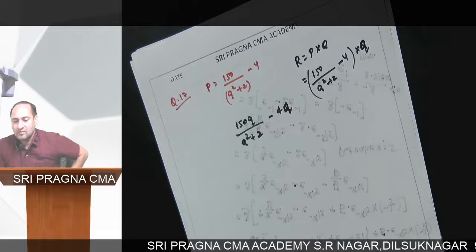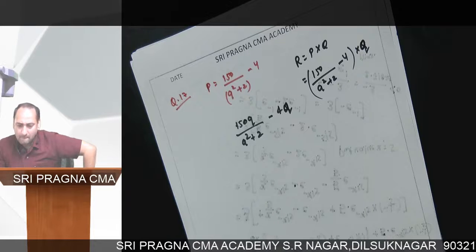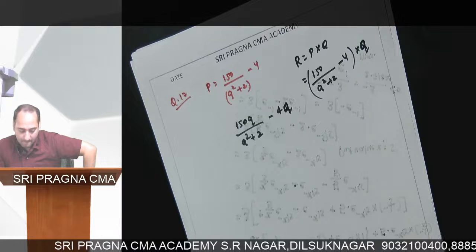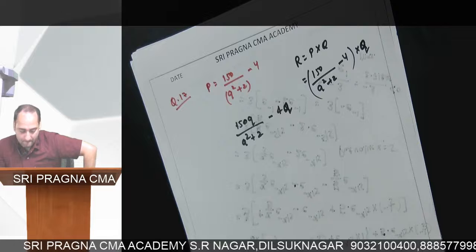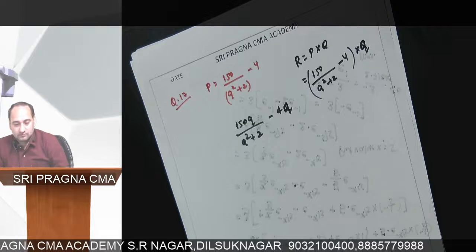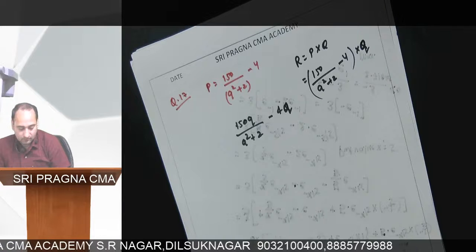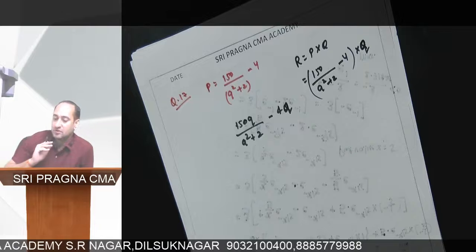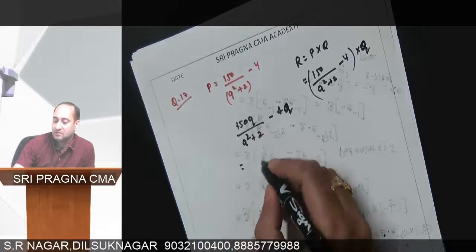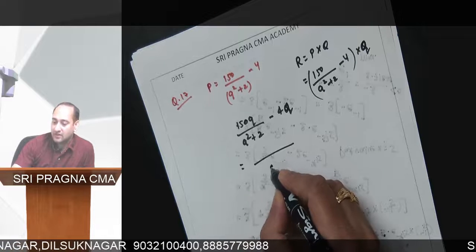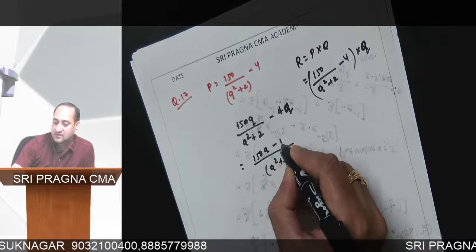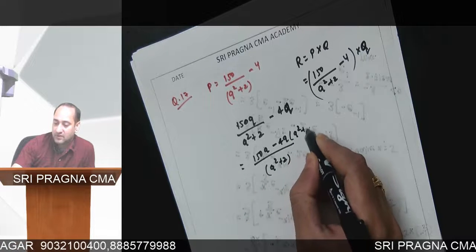Now, important thing, I want to do something here. Let me solve this in a proper way. Take the LCM of q square plus 2: 150q minus 4q into q square plus 2.